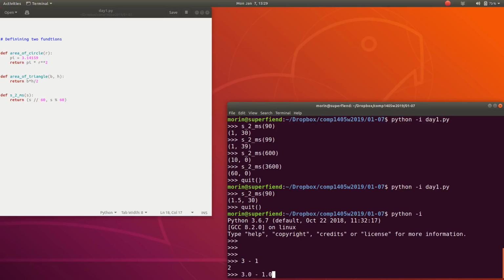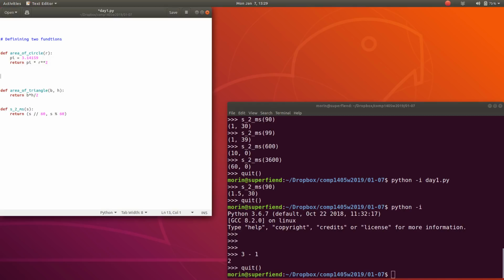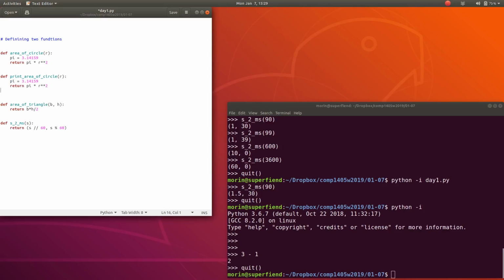So let's, that's such a good question. Let's do a quick example. We'll copy this function, area of circle, but instead of returning, we will print.